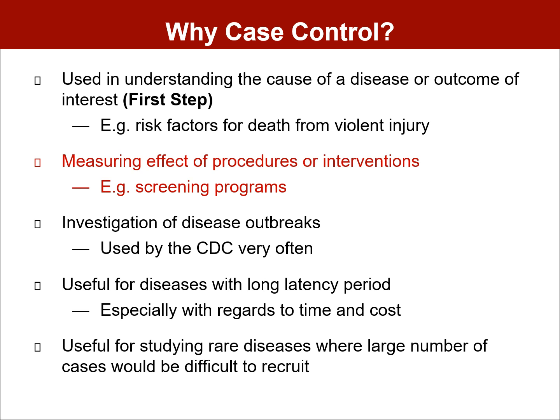So if a particular disease is known to have a long latency period, where it might take 10, 15 years before the disease actually manifests after exposure, it makes sense to use a case control study where you would study those individuals who already have the condition and then try to go back in their history to see what may have contributed to this particular disease or outcome.